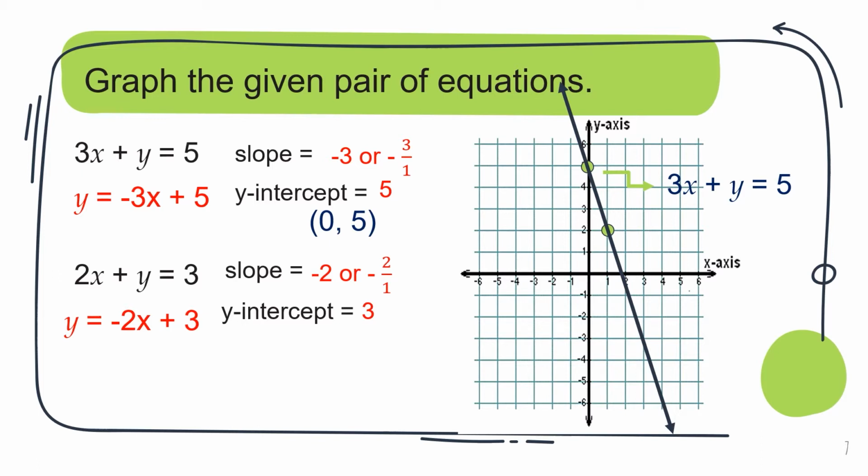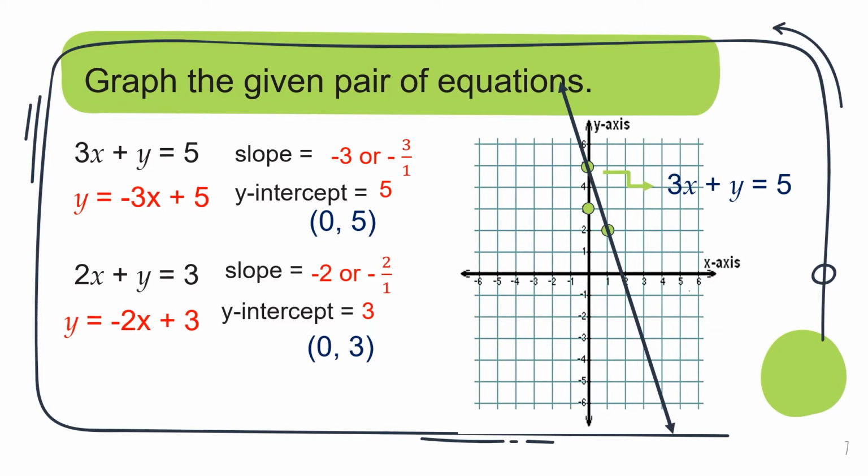For the second given, we have 2x plus y is equal to 3. The y-intercept is at positive 3. Therefore, the point is located at 0, 3, which is along the y-axis. To find the other point, we have to consider the slope, which is negative 2 or negative 2 over 1.